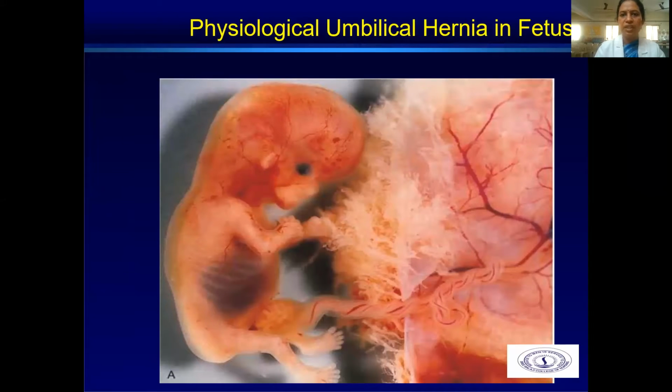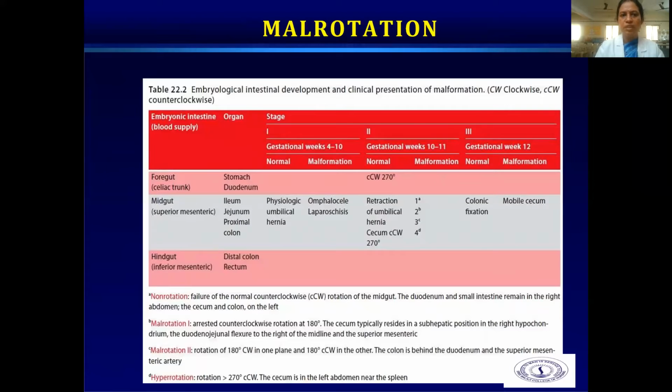Physiological umbilical hernia in the fetus is another cause for neonatal bilious vomiting. Now we see a table showing embryological intestinal development that is leading to malrotation and the clinical presentation of malformation. So here we see embryonic intestine, blood supply, organ.